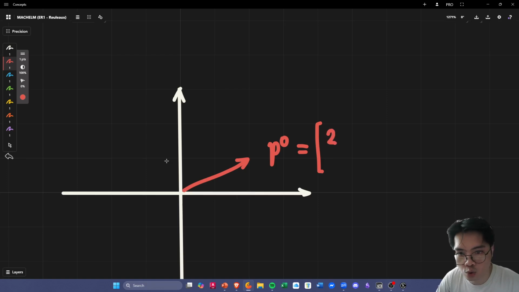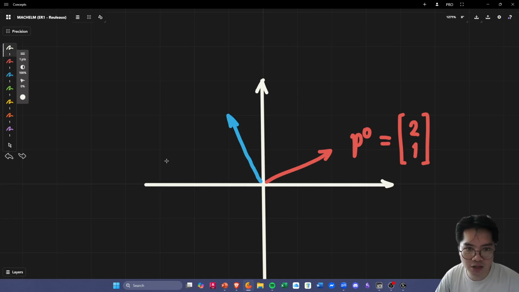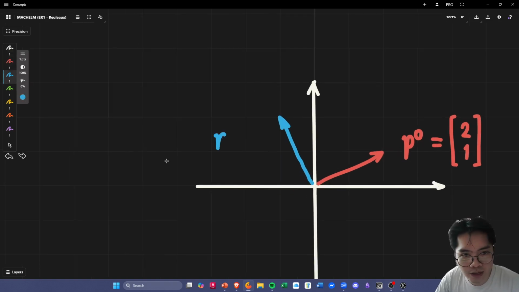So this is 2, 1. Say for example, I want to now rotate it by 90 degrees. If you look at this, this will now become your P1, which has coordinates of negative 1 and then 2.